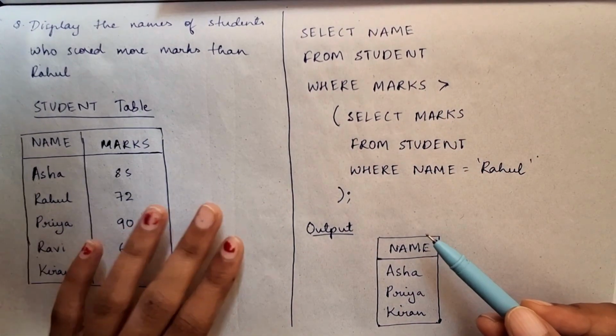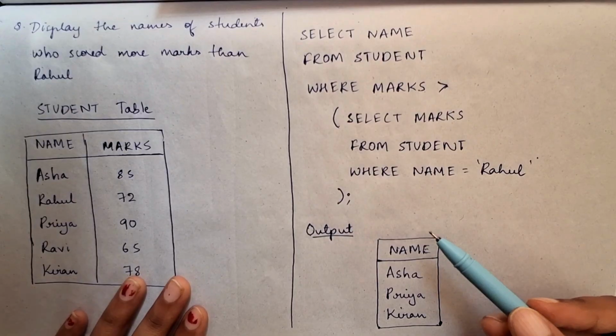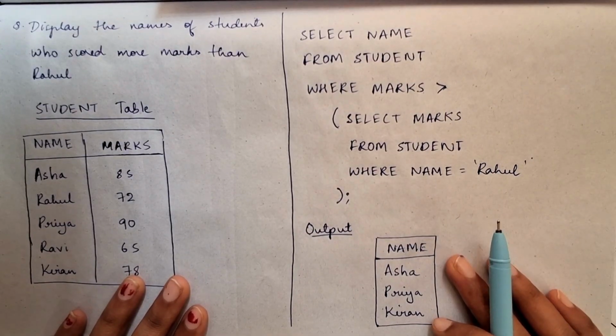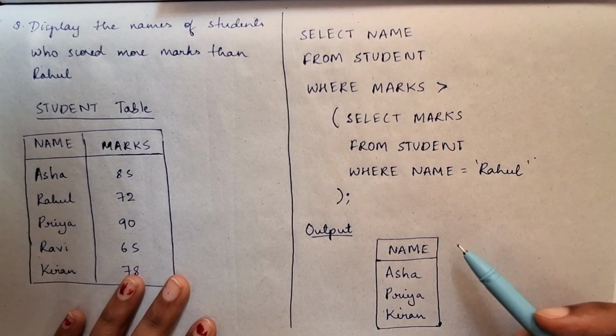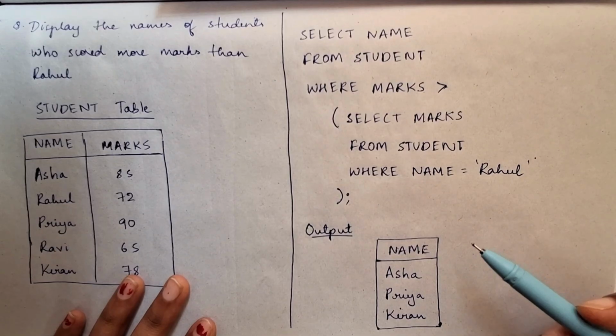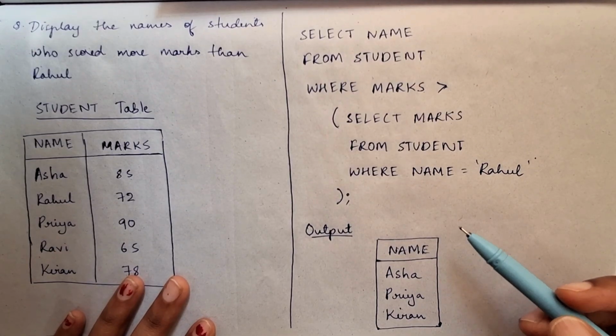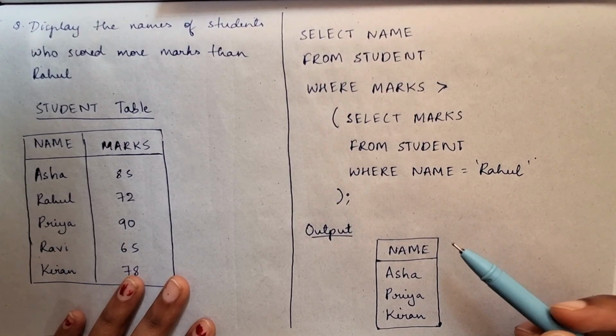So guys, from these examples, we can clearly understand one important thing. Whenever the question asks us to compare with a value that is not directly given, we first need to retrieve that value from the table, and to retrieve that value, we have to use a subquery.